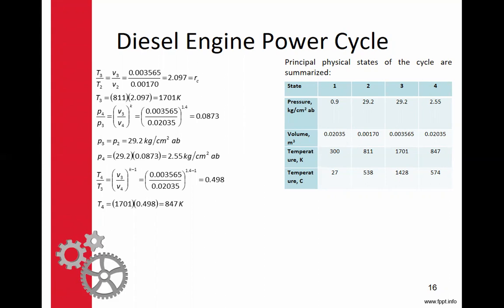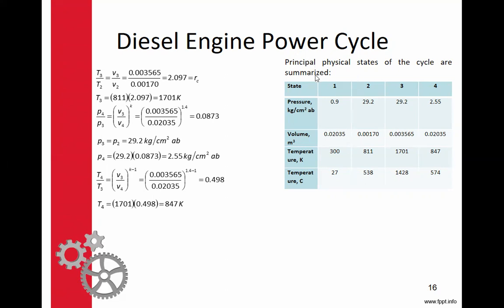And for T4, T sub 4 over T sub 3 is equal to (V sub 3 over V sub 4) exponent K minus 1, which is (0.003565 over 0.02035) exponent 1.4 minus 1, or 0.498. Therefore, T sub 4 is equal to 1701 times 0.498, or 847 Kelvin.